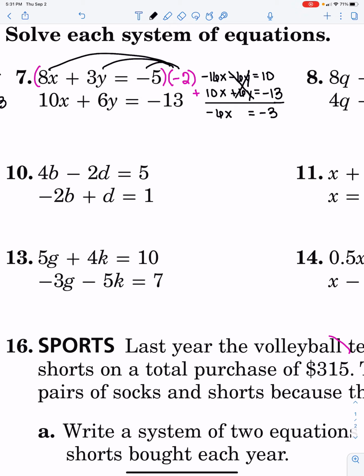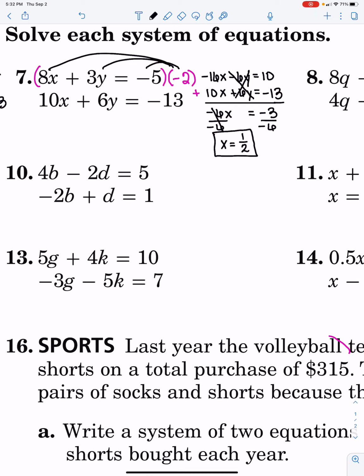I'm glad that I caught it there before I went on forever. Divide them both by -6. -6 divided by -6 reduces to 1. So we have x equals +1/2. I know it's still a fraction, but this fraction doesn't seem so daunting.